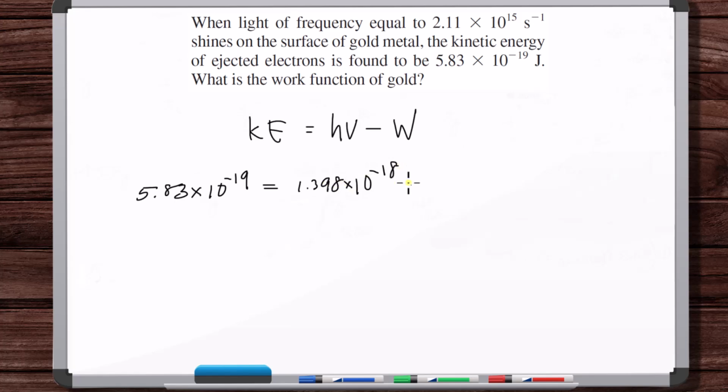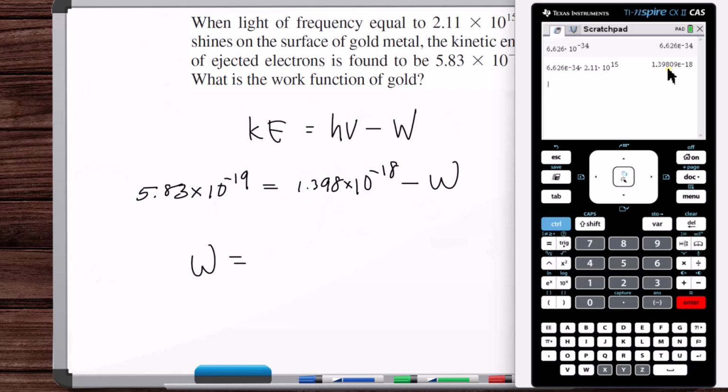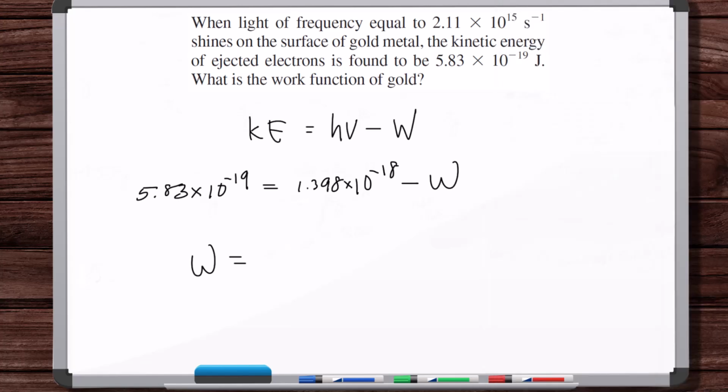That's going to be in joules as well, minus W. So we can see that W is going to be equal to, you take this and subtract from that 5.83 times 10 to the minus 19. 8.151 times 10 to the minus 19 joules.